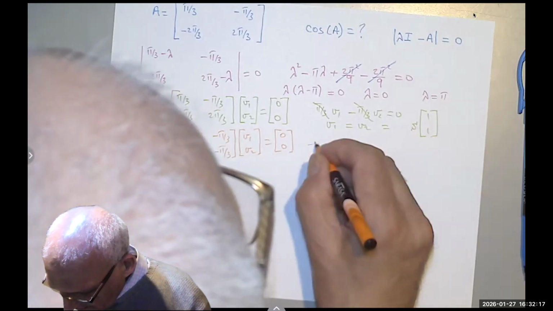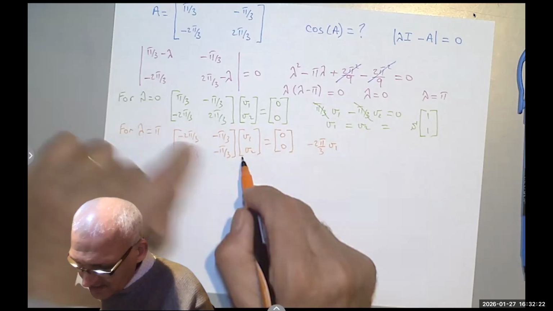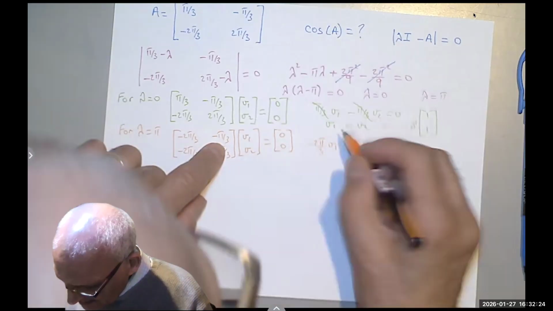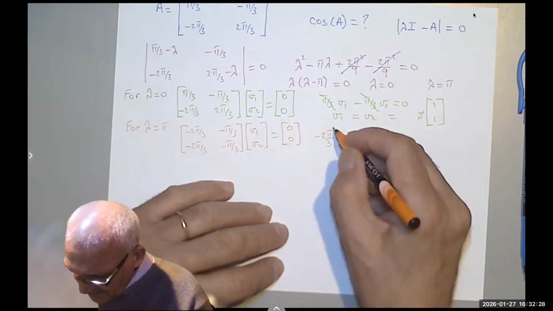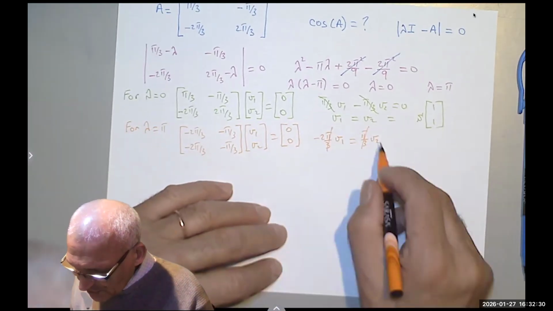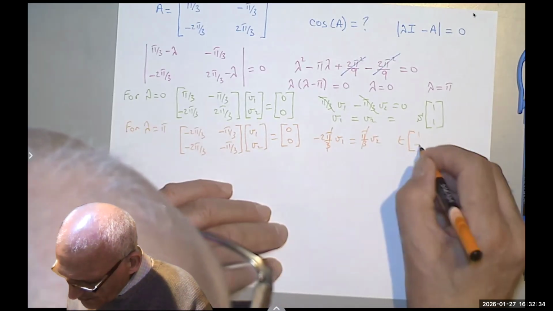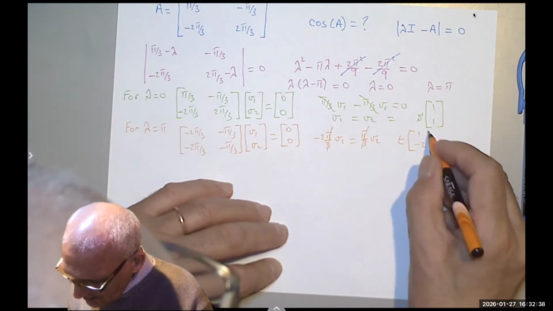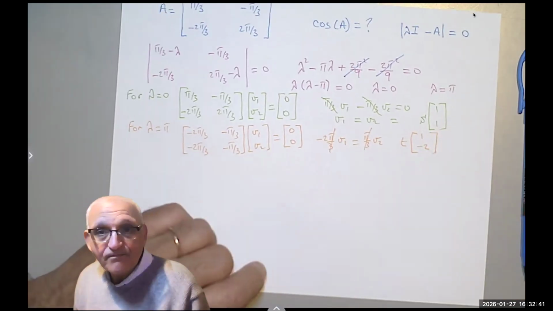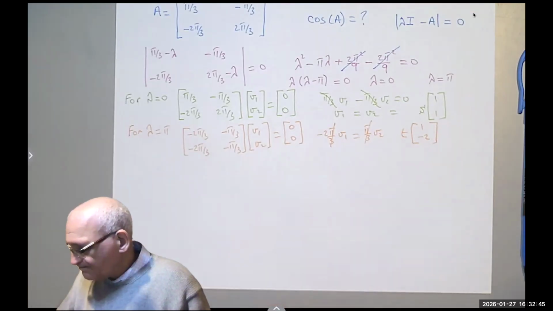So we say negative 2 pi over 3 v1. And instead of saying minus, let's move it to the other side. And we say equals pi over 3 v2. And then I divide by pi over 3. So v2, you can write it as t times 1, negative 2. Because v2 is negative 2 v1. If v1 is 1, v2 would be negative 2. So these are the two eigenvectors.